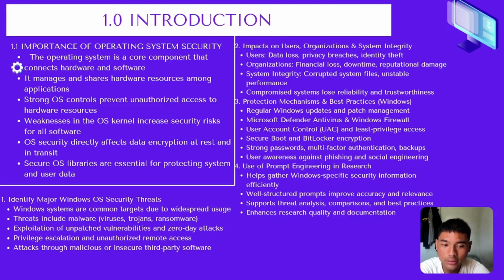These threats include malware, like viruses, trojans, and ransomware, exploitation of unpatched vulnerabilities, and zero-day attacks. There's also privilege escalation and unauthorized remote access. And these attacks go through malicious or insecure third-party software.